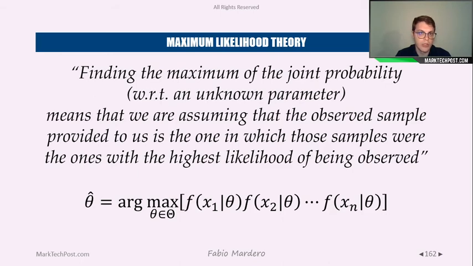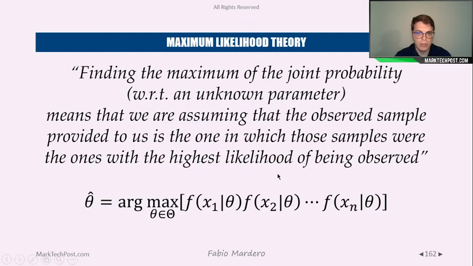It's somewhat philosophical, this theory. The sample we get is the one that in the population, in the sample space, had the highest likelihood to be observed.